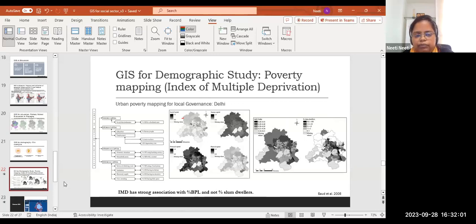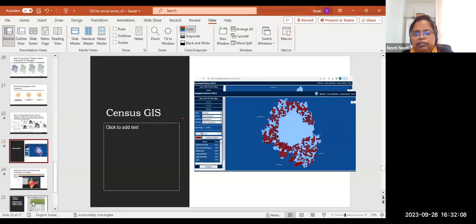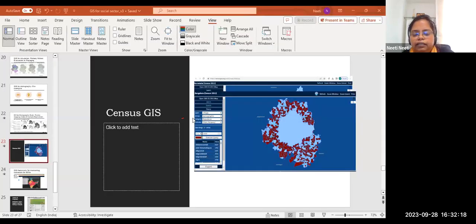So this is another example of where GIS can be nicely used. In fact, the Government of India has taken the initiative and has come up with this census GIS. You can go to the website and there all the states and union territories are listed.